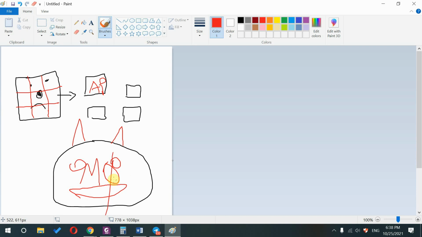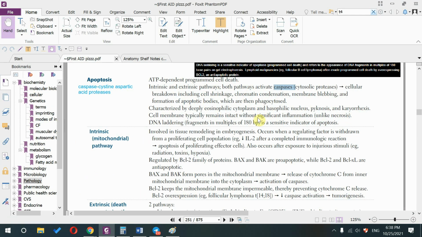Okay, by the way, in the future, when I want to say macrophage, I will just make this cell and write in the middle M and phi, MF, macrophages. So there will be cellular breakdown, including cell shrinkage, chromatin condensation, membrane blobbing, and formation of apoptotic bodies, which are then phagocytosed, and we said how that happened.